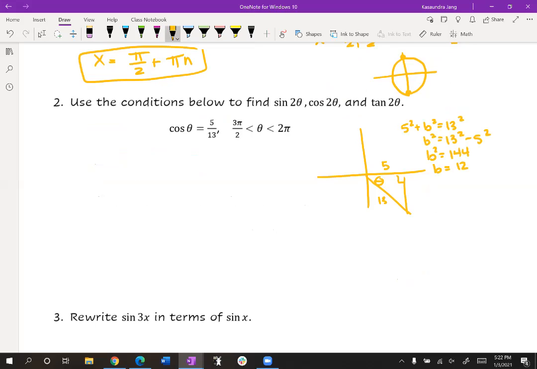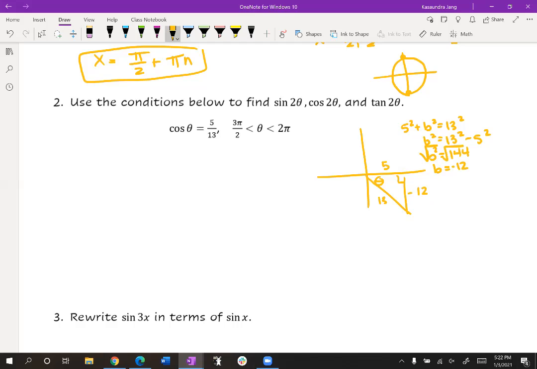And whenever I take a square root, I get a plus or minus. So when I take the square root of 144, a plus or minus, should this y value here be a positive or negative y value? I think because I'm in the 4th quadrant, I have to have a negative y value, so I'm going to have a negative 12 for my y value.